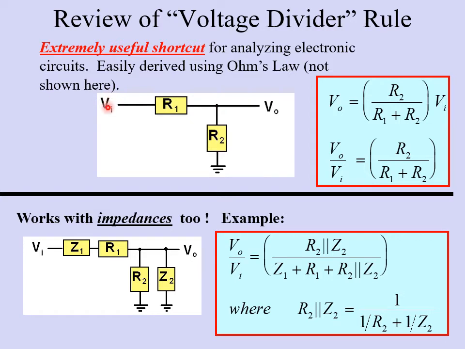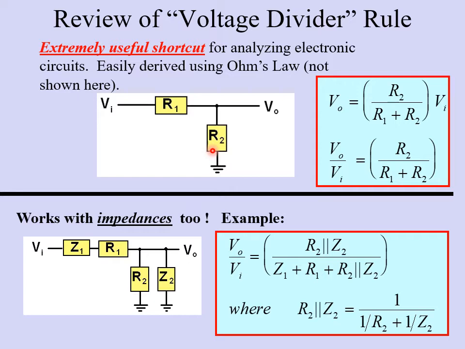So the ratio of the output voltage to the input voltage is given by R2 over R1 plus R2. In other words, it's this resistance down here in this leg of the circuit divided by the total resistance when you add them together.